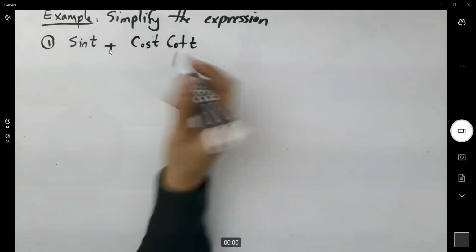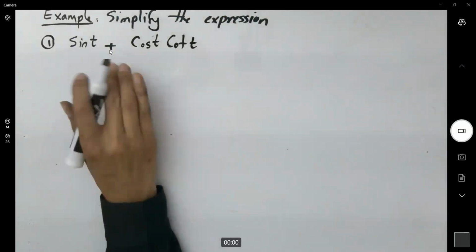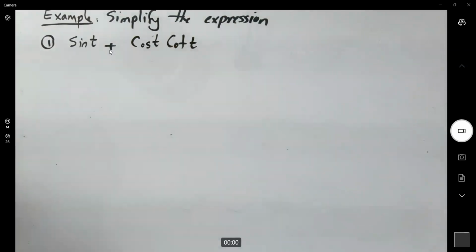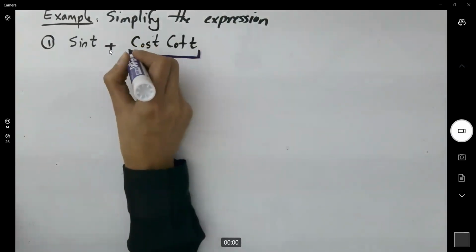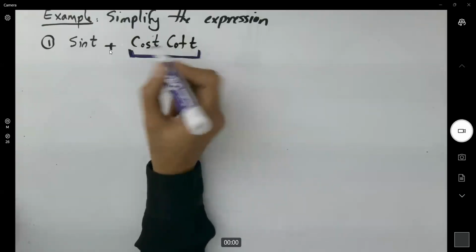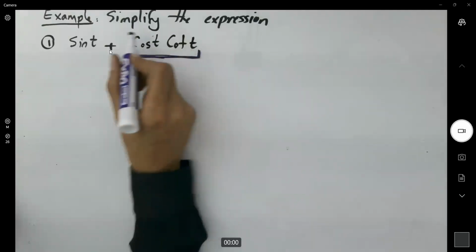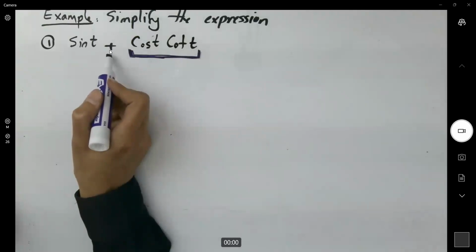Well, I have sine plus, then I have multiplication. Guys, from algebra, remember that multiplication comes first. It means that these two are attached together, so you have to do the multiplication first, then do the addition.